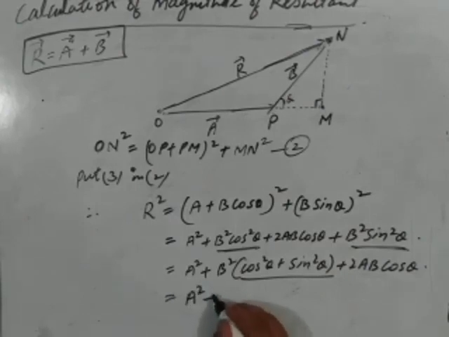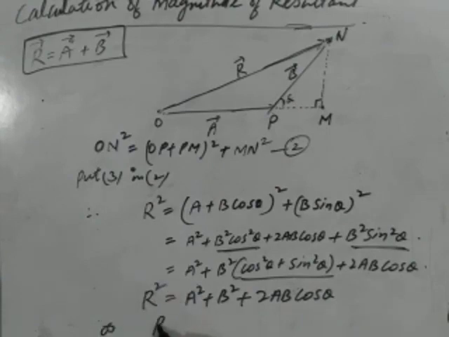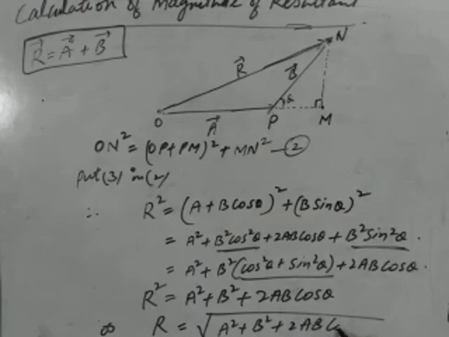So A square plus B square plus 2AB cos theta is equivalent to R square, or R equals under the root A square plus B square plus 2AB cos of theta. So this is the magnitude of the resultant which we had to find out.